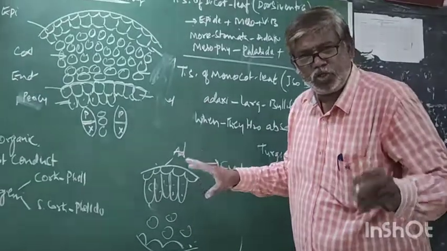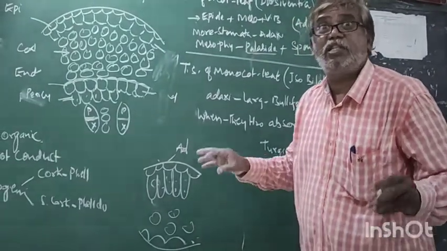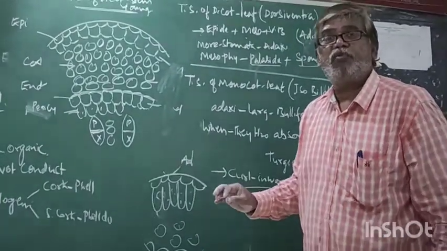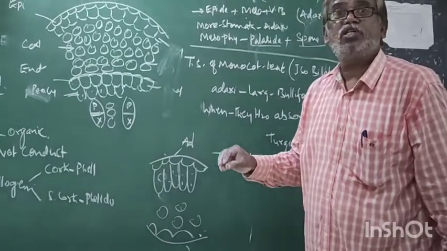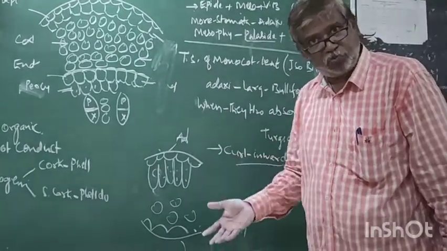It is the main tissue for photosynthesis in the leaf. Name the photosynthetic tissue in the leaf: mesophyll.